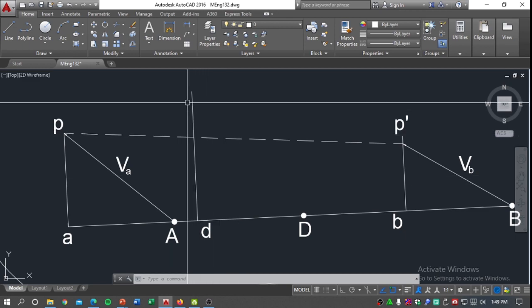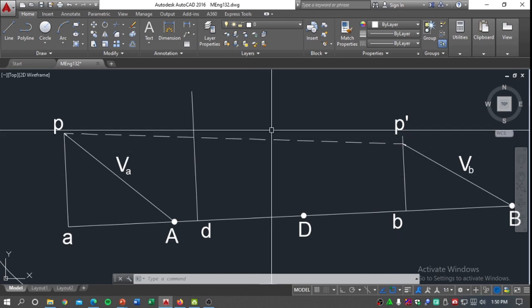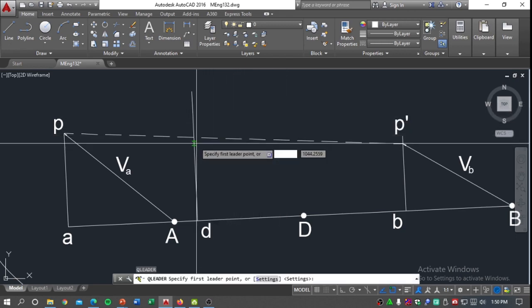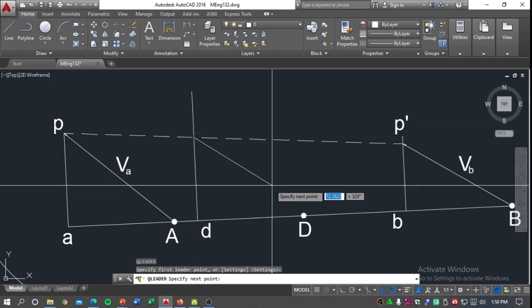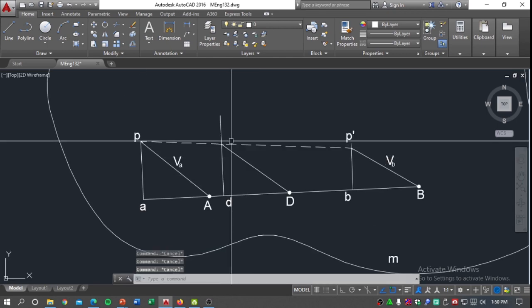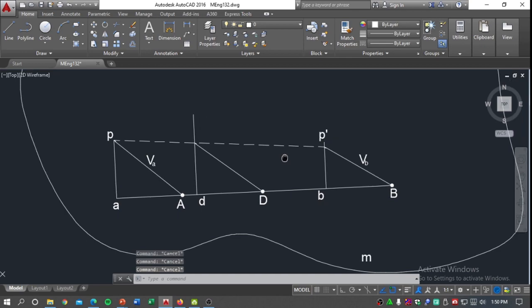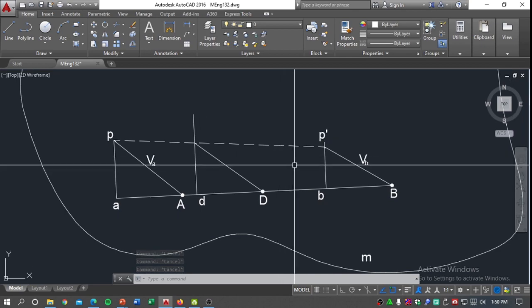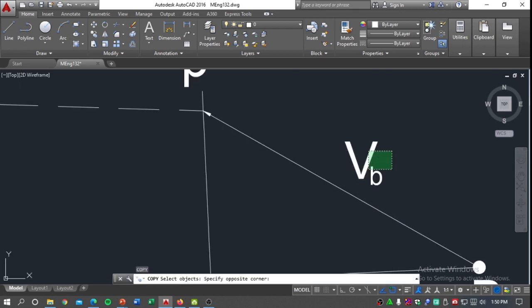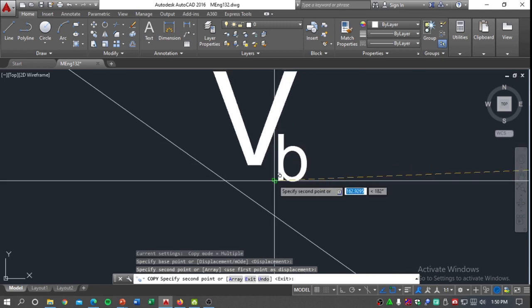We just found the intersection between this line we made that's perpendicular to this line and the line that connected between point P and P prime. So therefore this is now our velocity vector for point D. We just have to simply connect this to point D, and this is now our velocity vector VD. I think this is just the same process we applied in the previous example.